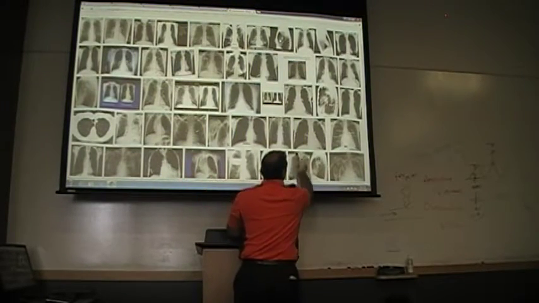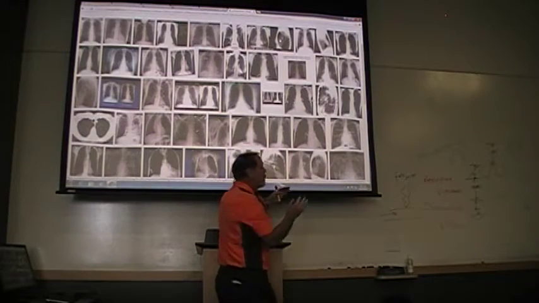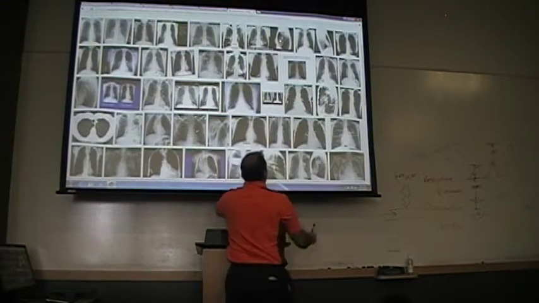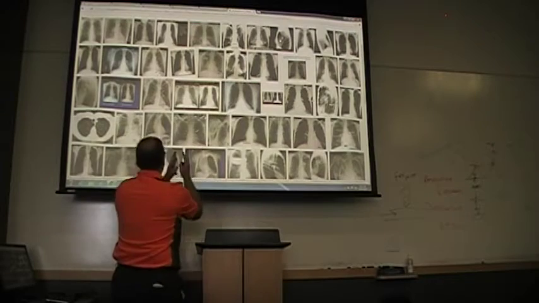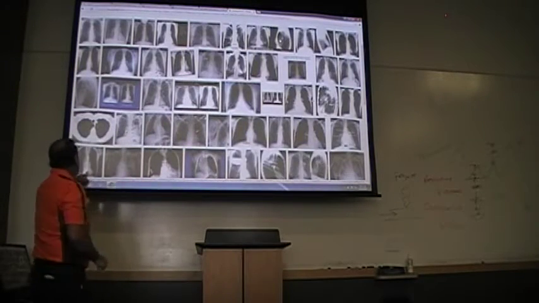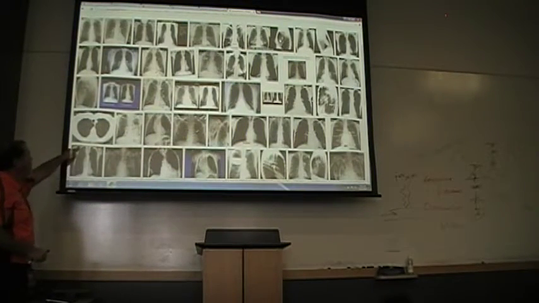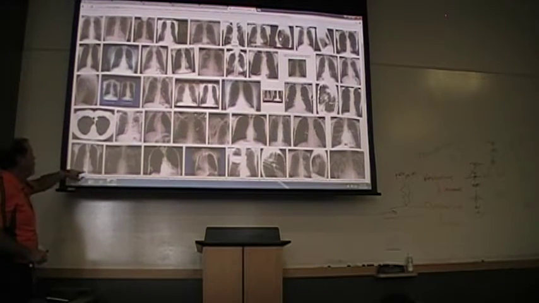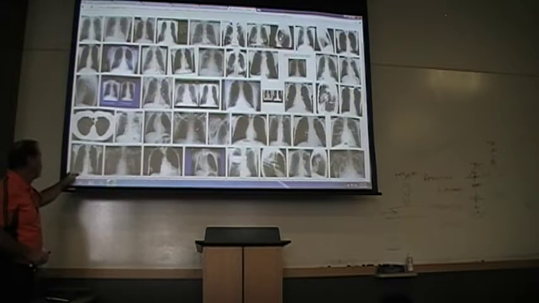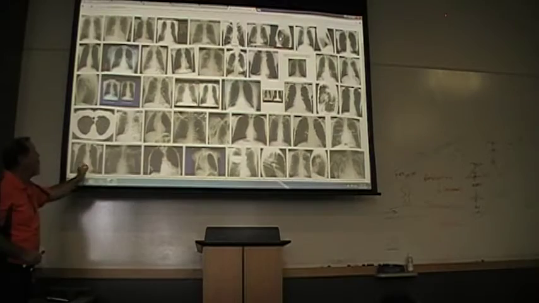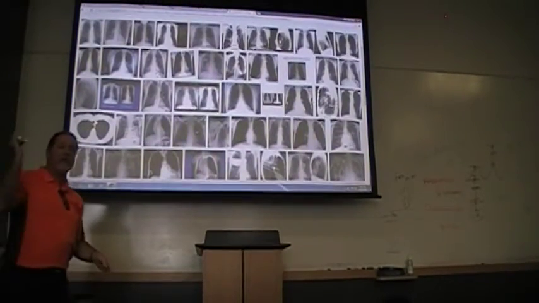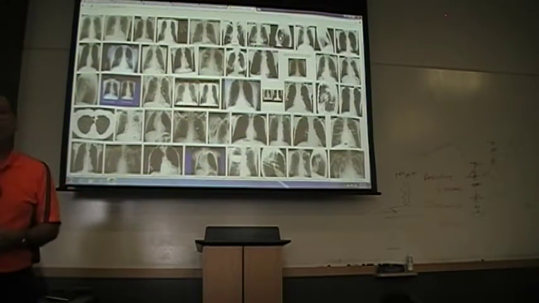The lungs are so full of air that the heart is just compressed. Look at this one right here. So lots of air in the alveoli, low flat diaphragms, narrow skinny heart, increased AP diameter. That's just screaming COPD, right?